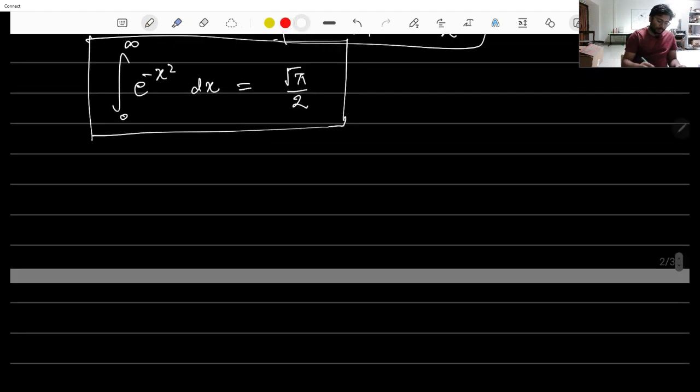So we will include a constant parameter in the exponent. The new extension looks like e to the power minus ax square dx.